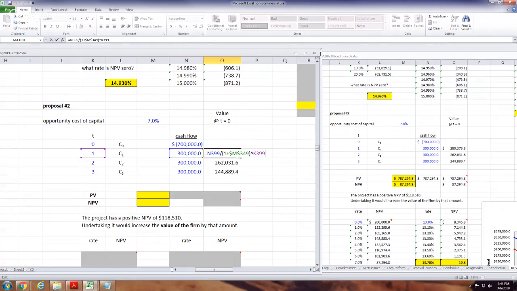It's the same percentage, so that's why it works, but it's a different one. Okay, there it is. So, yeah, 280, that's all good. And equals sum, we're just going to add those up.